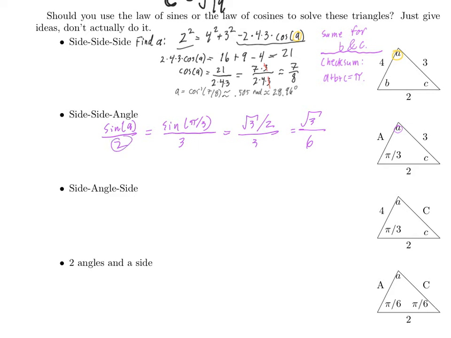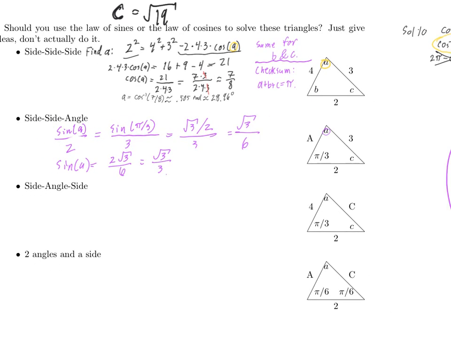And now I'll multiply this 2 over to the other side, giving me sine of A is equal to 2 root 3 over 6. That is root 3 over 3. So at a glance you would say there should be 2 solutions that seem valid.